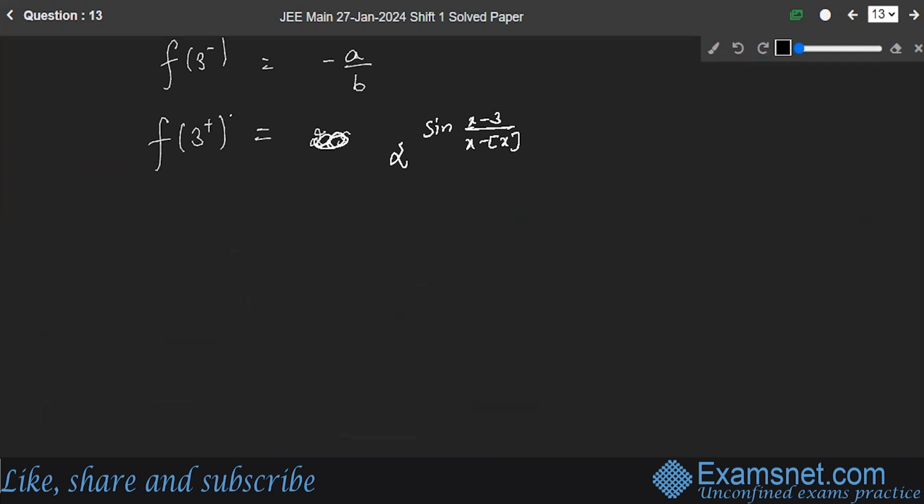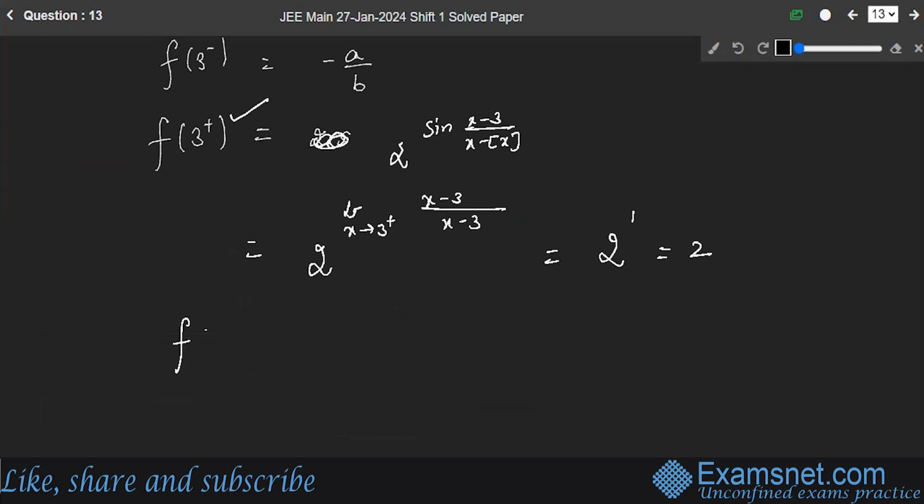Now this is for f(3 plus), right? So this will be given by 2 raised to power limit x approaching 3 plus of sine(x minus 3) upon x minus 3, because here x is approaching 3 plus. So this will be 2 raised to power 1. That's it. It will be 2.